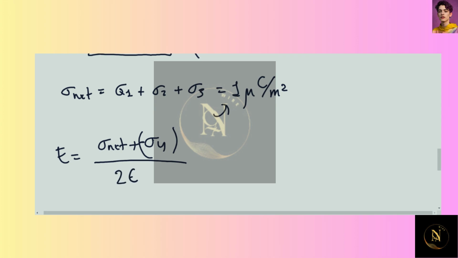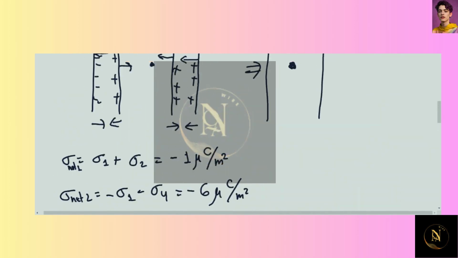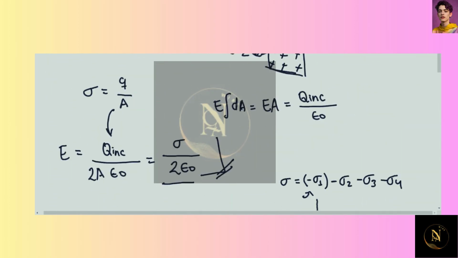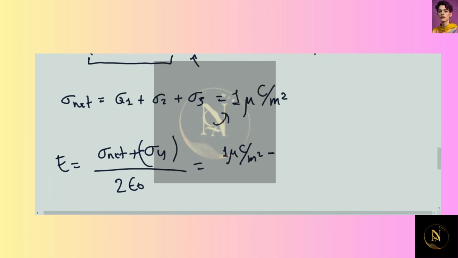So this is over 2 times epsilon 0. So we will have 1 microcoulomb per meter squared minus sigma 4, which is 4 microcoulombs per meter squared, over 2 epsilon 0, which is this value.